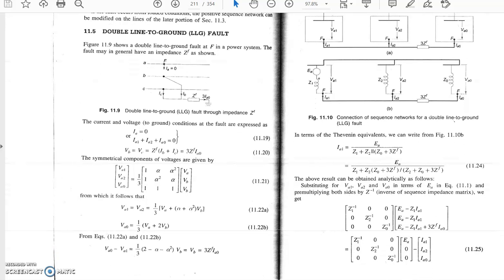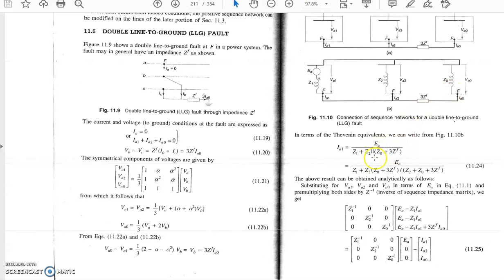If we make the Thevenin equivalent, we can write the equation for the fault parameters. So IA1, from this diagram, equals EA over the impedance. The EMF is only in the positive sequence, EA. The other impedance is Z0 plus 3ZF, which is in series, and that is in parallel with Z2.